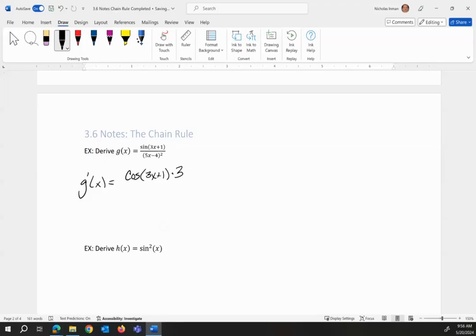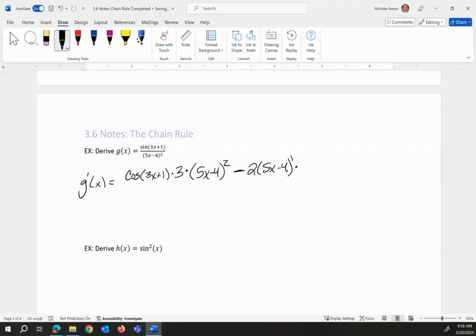Quotient rule says derivative of the top times the bottom left alone minus the derivative of the bottom. So it's a power rule. 2 times our stuff to the first power, reduced by 1. But since the stuff is more than just an x, we have to do the chain rule.